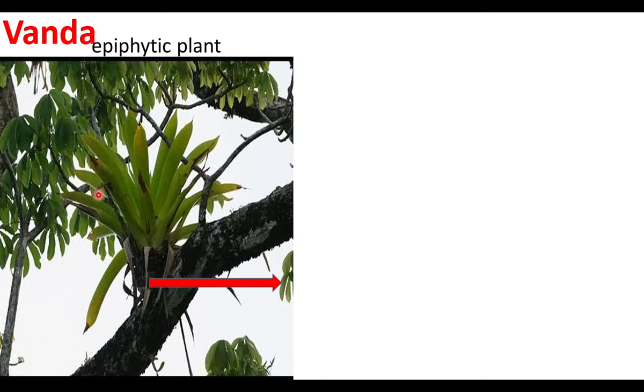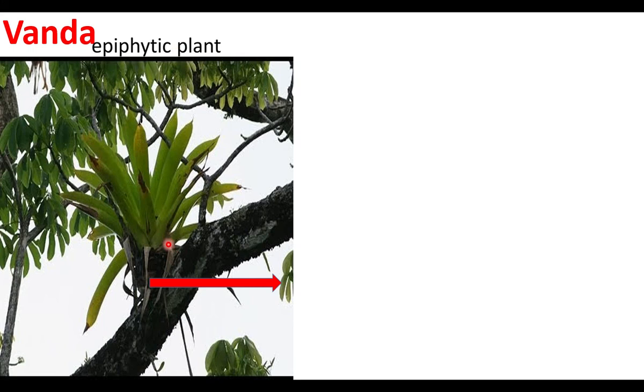This is the Vanda plant. The Vanda plant is called an epiphytic plant. Phyte means a plant, epi means above. Why is Vanda called an epiphytic plant? Because it grows on another plant.